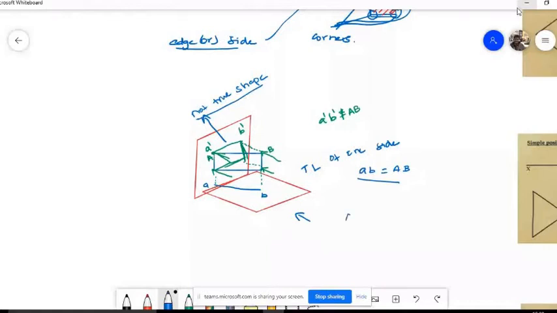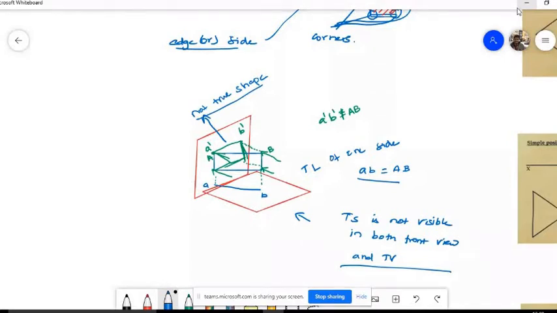So it's not easy to draw the projection without calculations. But I already told you, in engineering graphics you should draw and measure, not calculate and draw.